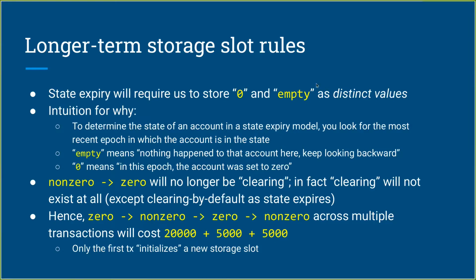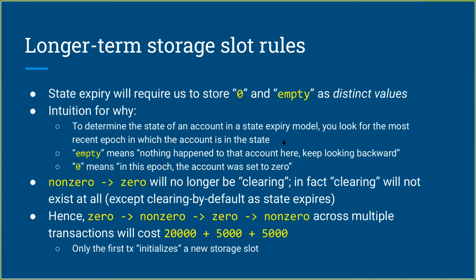So if a contract goes 0 to 1 to 0, then after the first time it goes 0 to 1 to 0, instead of the storage being empty, you would actually have a 0 saved in the storage tree. And the reason we need to do this is because to determine the state of an account in a state expiry model, you basically have to look for the most recent epoch in which the account is in the state, right?